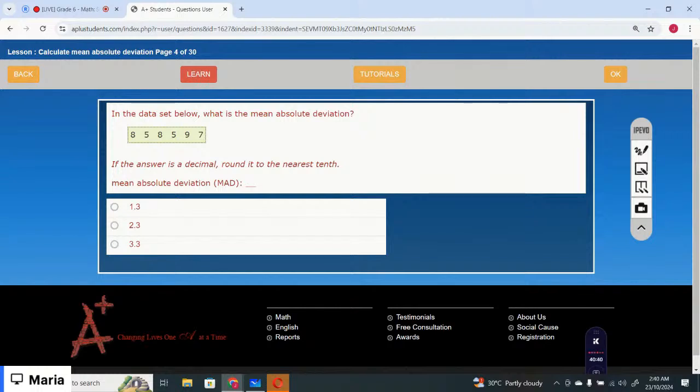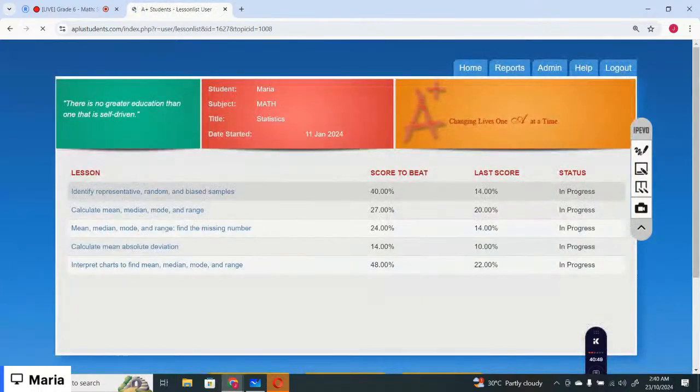Okay, you can complete the lesson by yourself later today. So we were working on grade 6 math. The chapter we were working on is statistics.